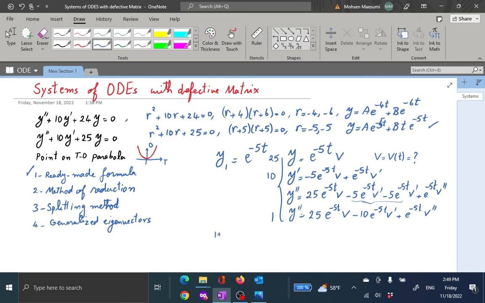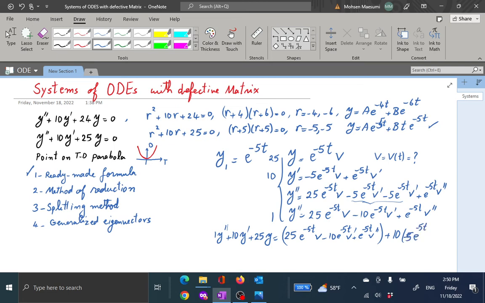So if I have 1 y double prime and 10 y prime and 25 y, I get all of this, which is 25 exponential of minus 5t v minus 10 exponential of minus 5t v prime plus exponential of minus 5t v double prime. So that is one term. Then the 10 y prime term, we have to take all of that, multiply by 10.